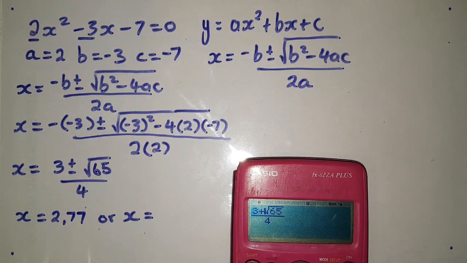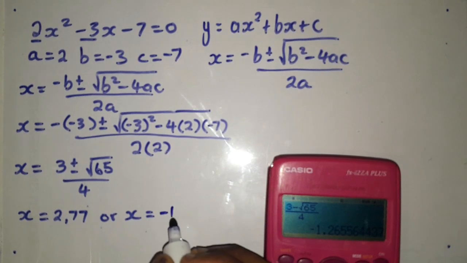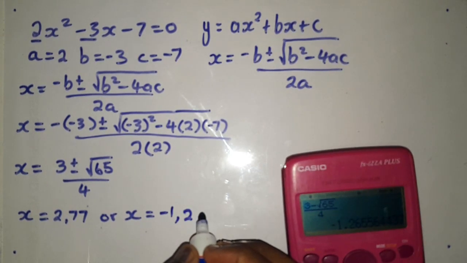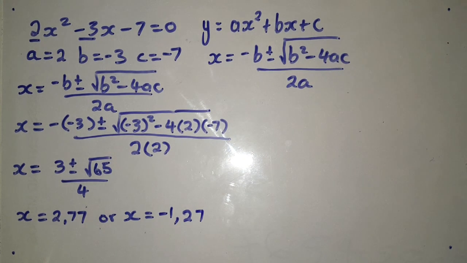Then if I put a negative sign, it's going to be negative 1.27. See, just like this, we have managed to solve for the values of x using the quadratic formula.